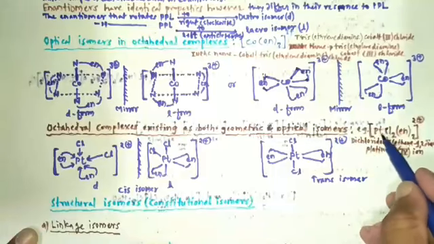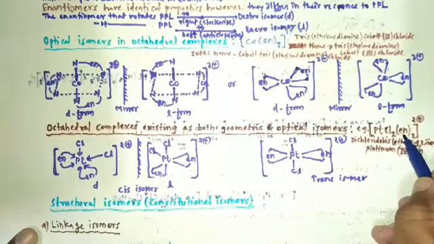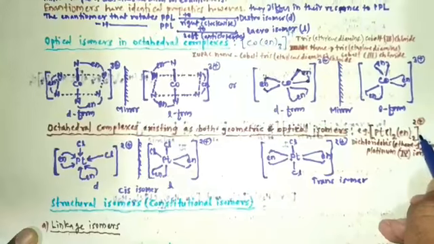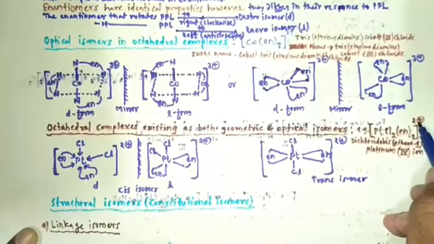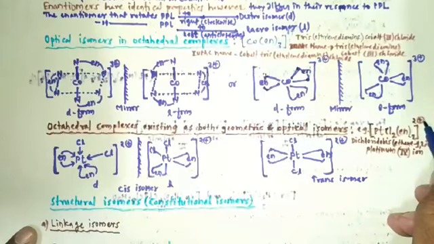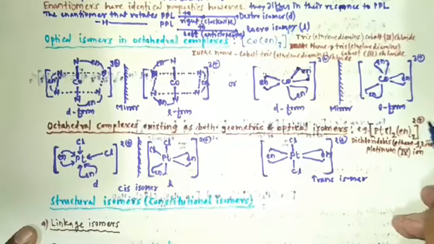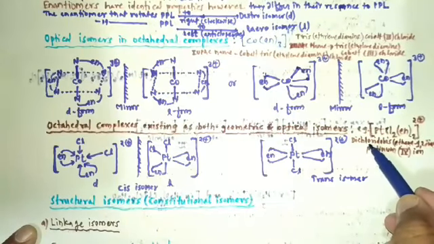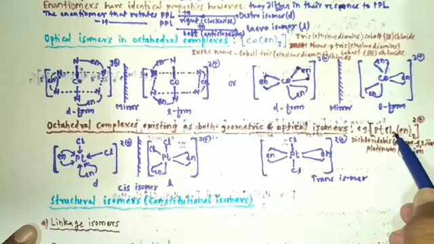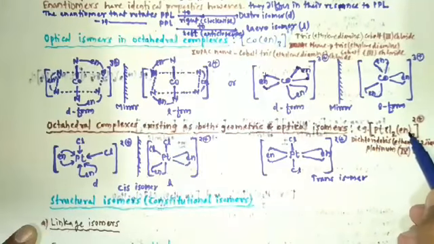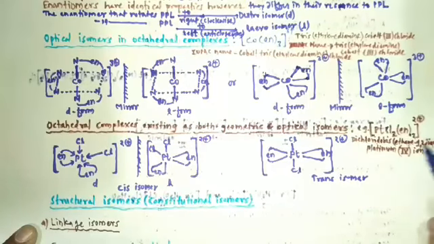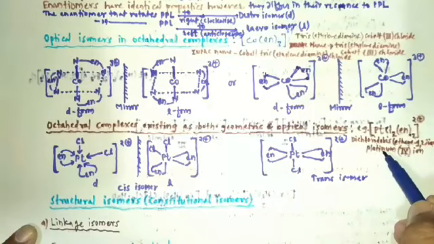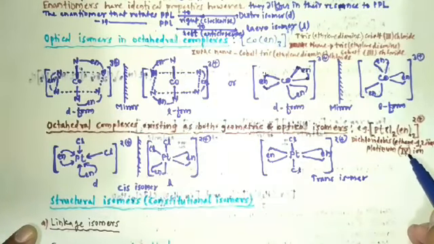Consider the complex [PtCl2(en)2], with a charge of +2. Its IUPAC name is dichloridobis(ethane-1,2-diamine)platinum(IV) ion. The oxidation state of platinum is 4, written in Roman numerals.